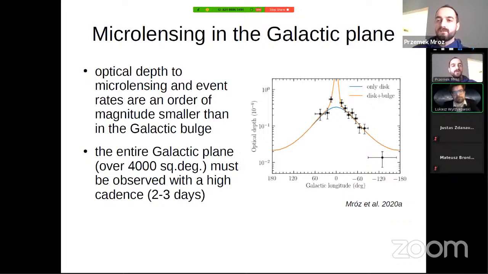So ZTF is a perfect survey for such a task because it can observe huge areas of the sky at a relatively high cadence. And my work is to detect microlensing events in the ZTF data, either in the archival light curves, and also in the alert stream in real time.